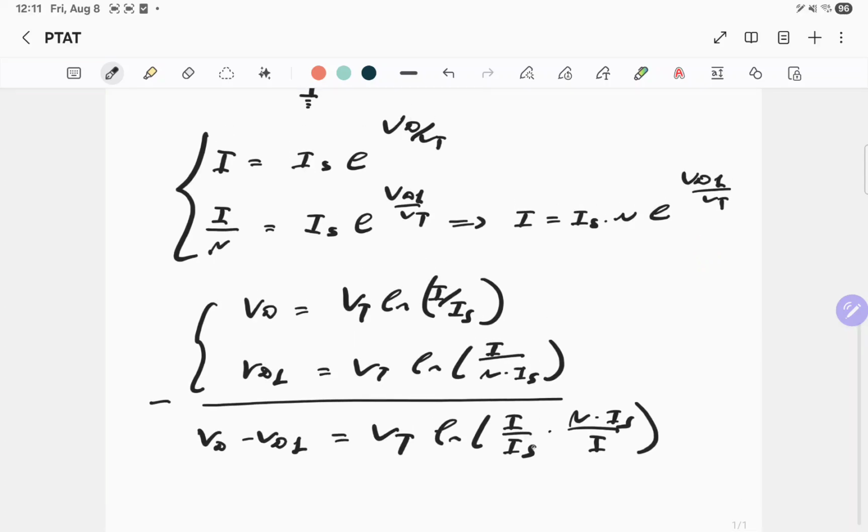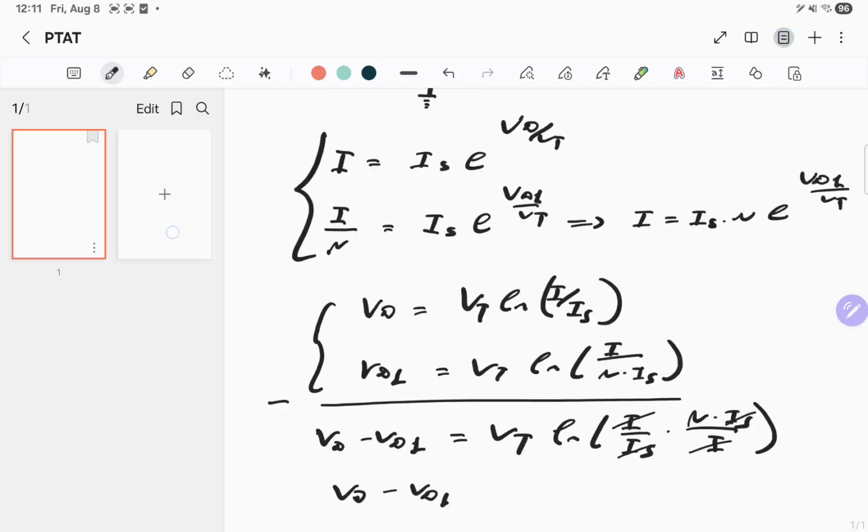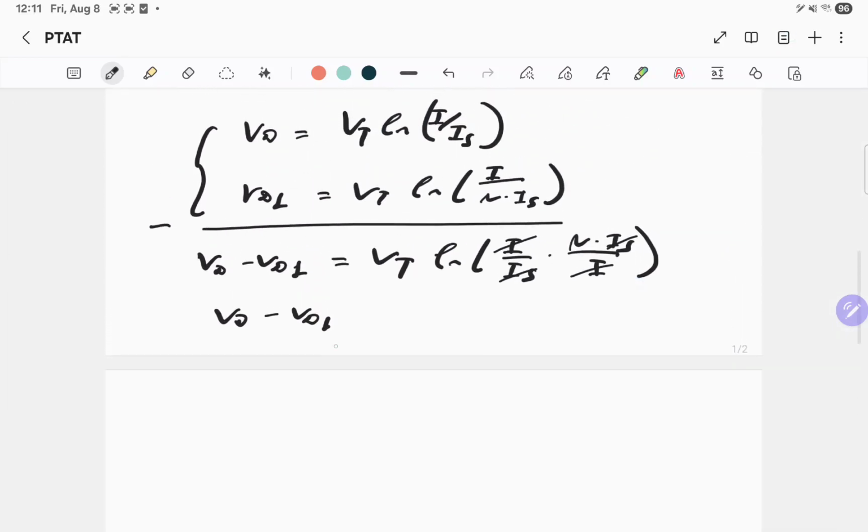And we notice that we can cancel the I in the numerator, and the same the reverse current. So we simply obtain that Vd minus Vd1 is equal to log of N times Vt.